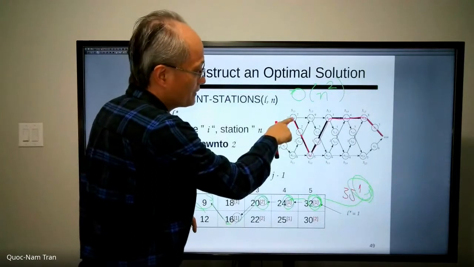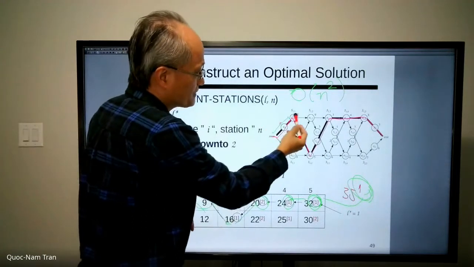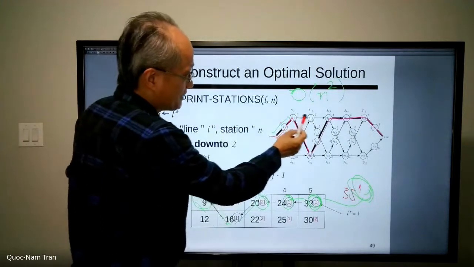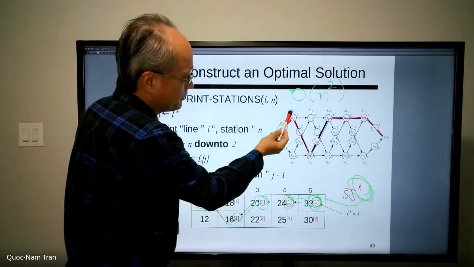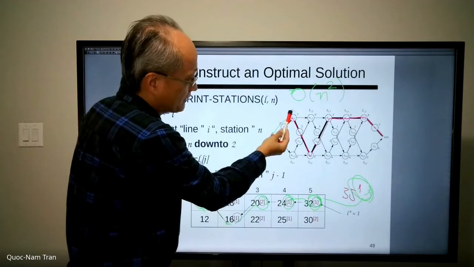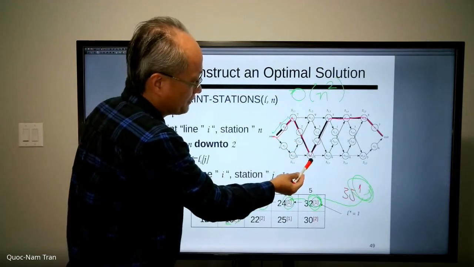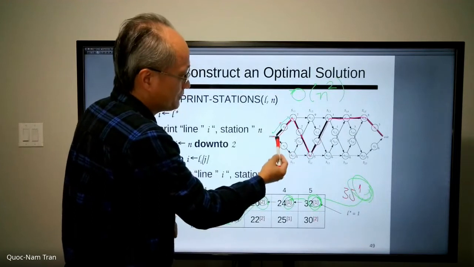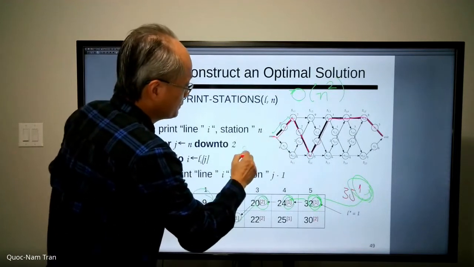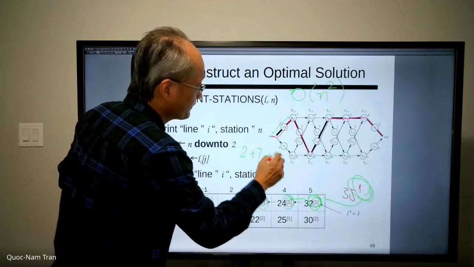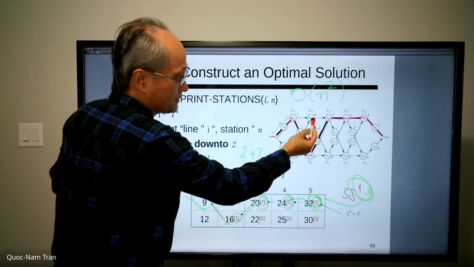And the same thing after we have it here, we have 2. And from here, what do you have? 2 plus 7 is 9, and 2 plus 7 plus 9 to this point.